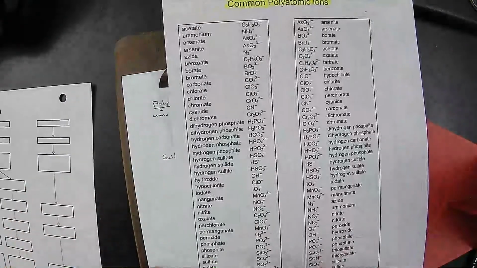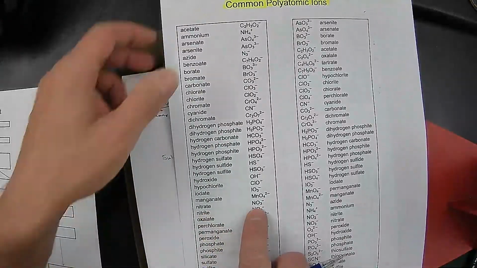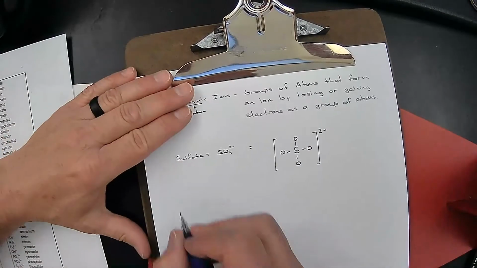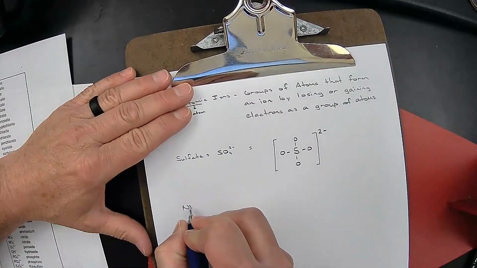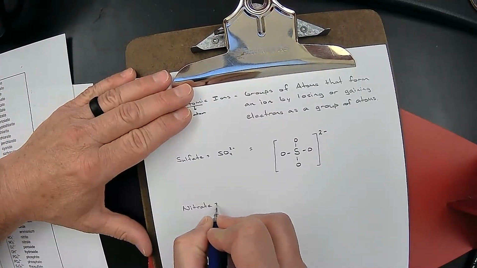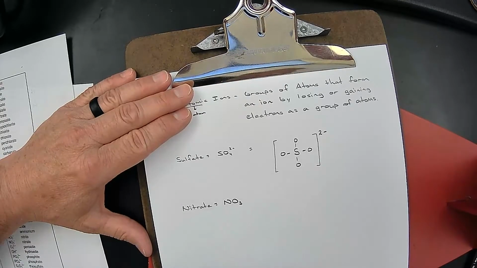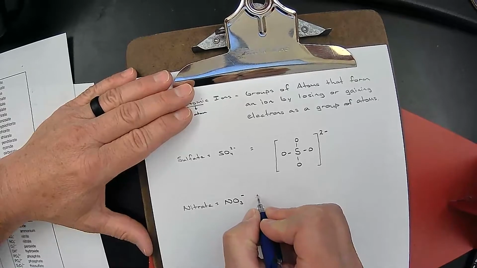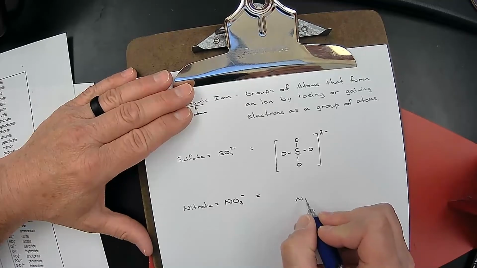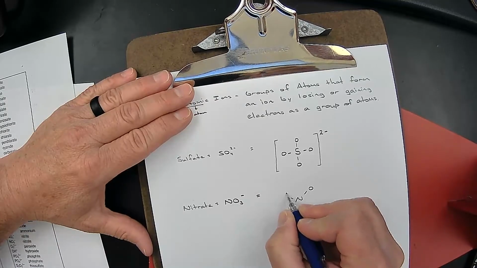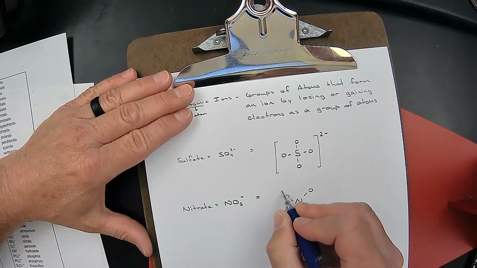If we looked at nitrate, NO3 minus, the name nitrate refers to 1 N with 3 O's, and this grouping of atoms, the 1 N with the 3 O's connected together.